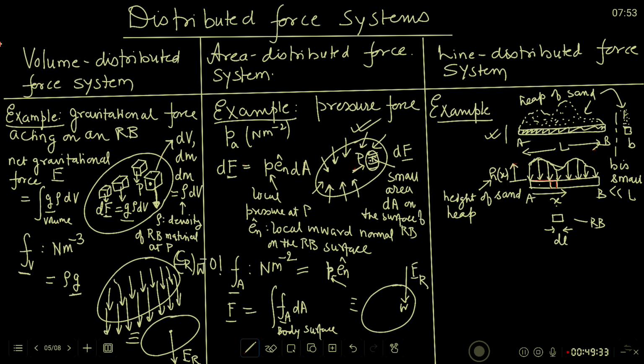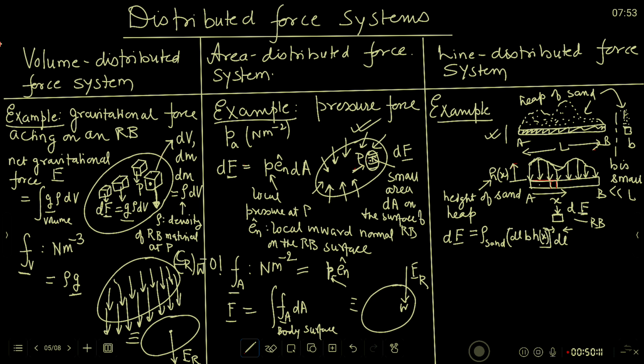On this small length of the RB, there is a force dF acting, which I can write as the density of sand times the volume of sand on top of this surface. How much will that be? That will be dl times B times h of x.